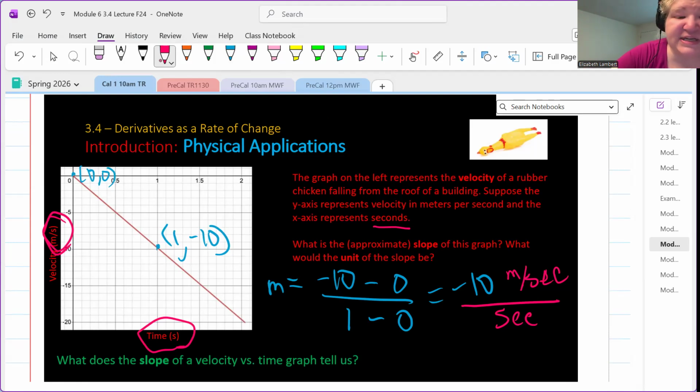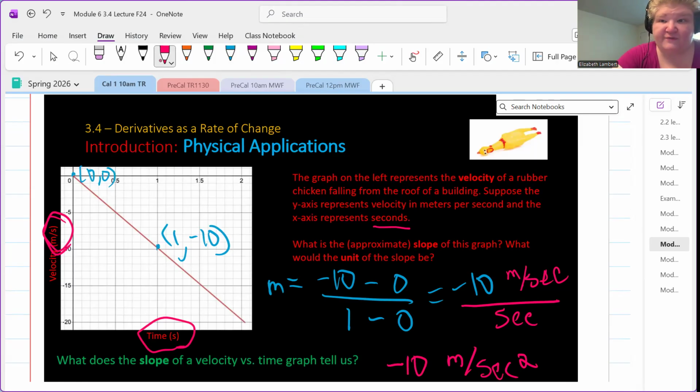So we actually typically represent this as -10 meters per second squared. And meters per second squared, the rate of change of velocity, is acceleration. So this graph over here was the graph of time versus velocity.